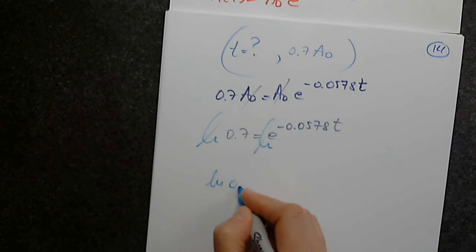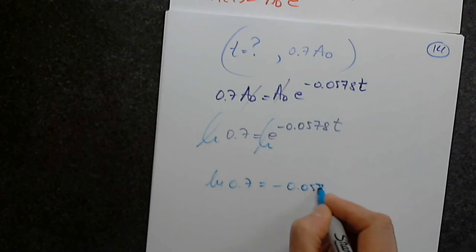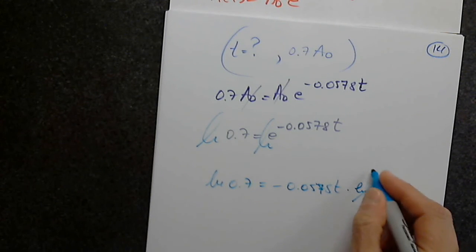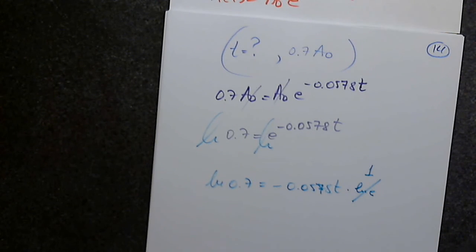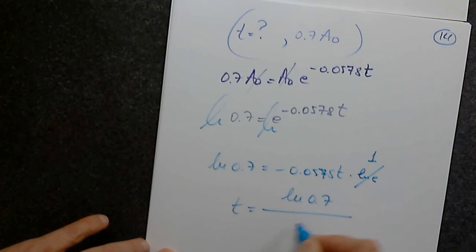So natural log 0.7 equals negative 0.0578 t, and I should write times natural log e. Why not? Because it's 1. Yeah, I should write times natural log e, but I don't because this is 1. Very good. So then t equals natural log 0.7 over negative 0.0578.